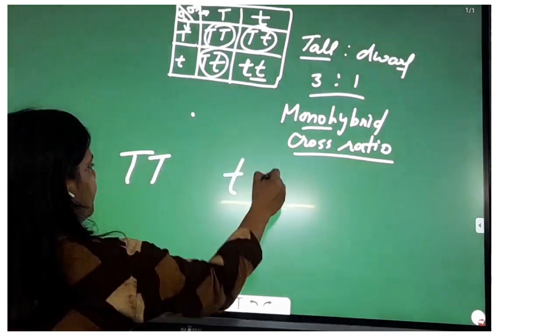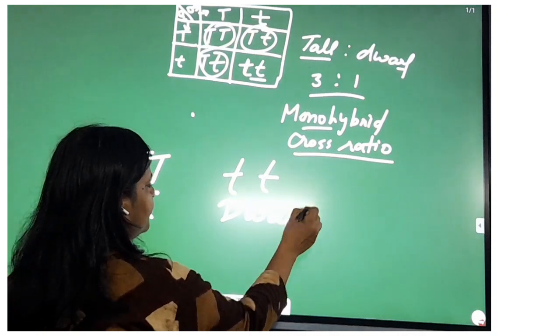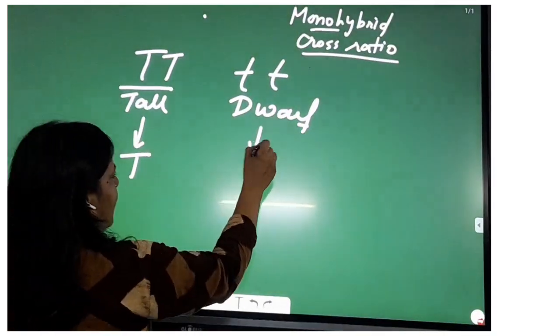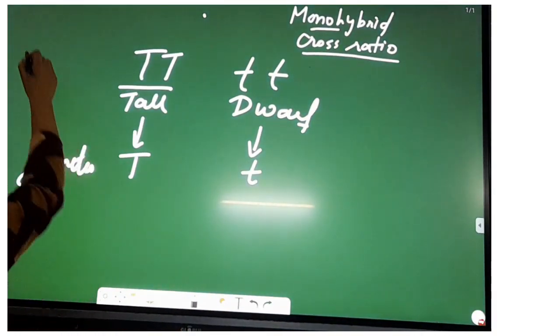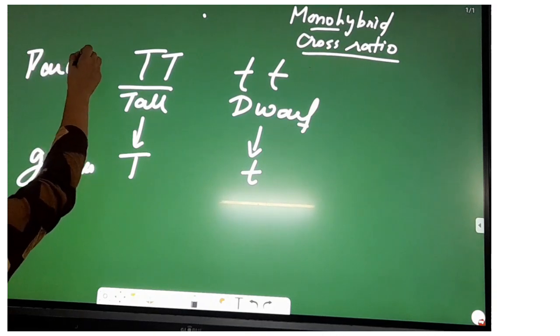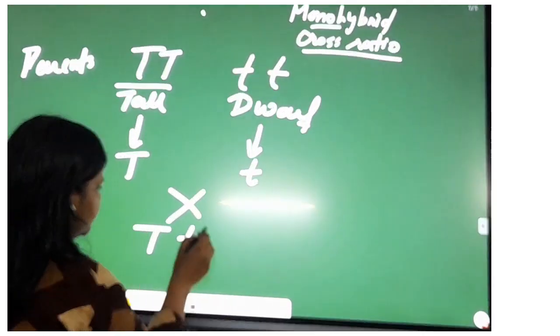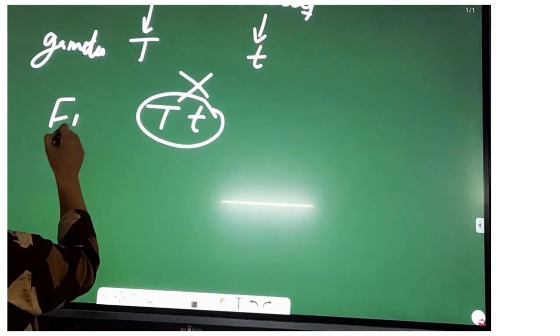These were the parents, pure tall and pure dwarf. From here the gametes produced are these. These gametes combine with each other and give only one combination, that is your F1 generation.